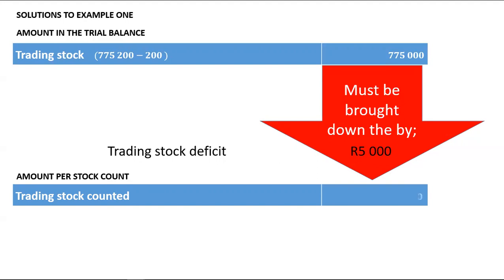That is because the one that we have in the warehouse is the most accurate value. So we need to bring that 775,000 down. We need to decrease it.